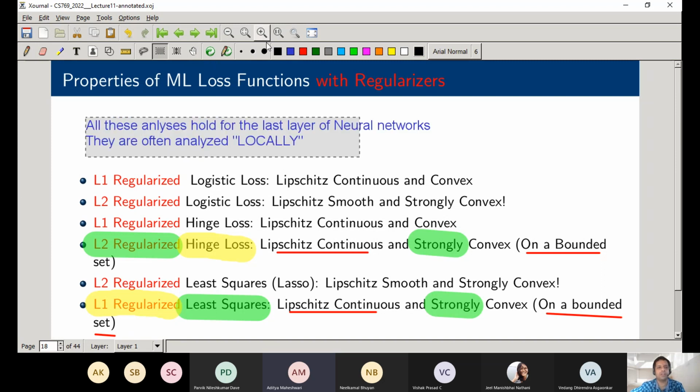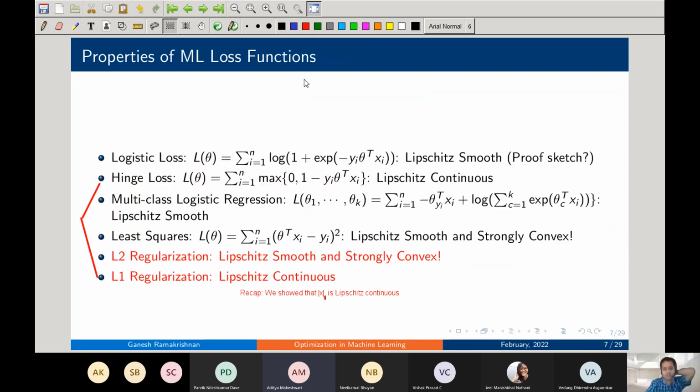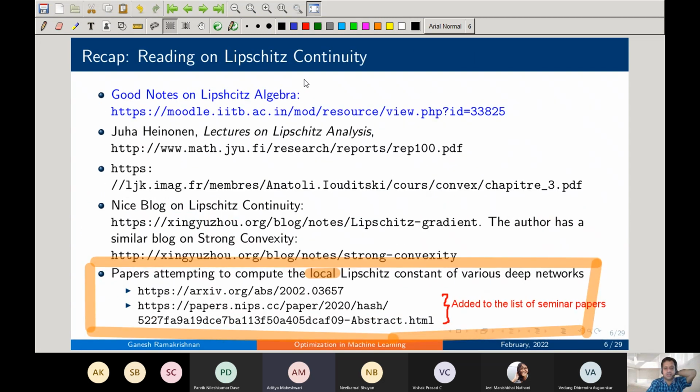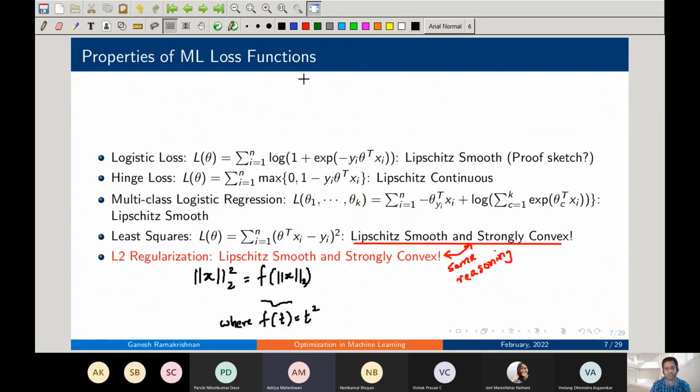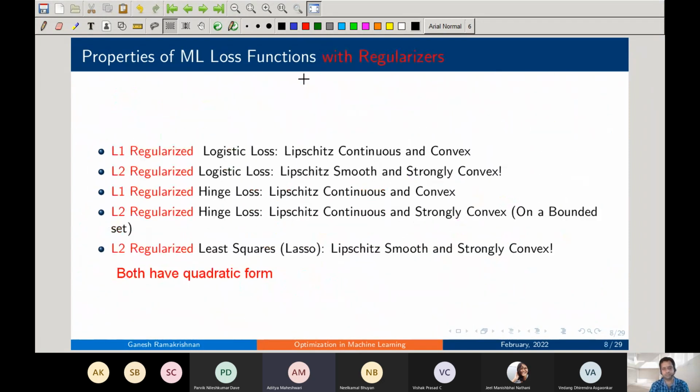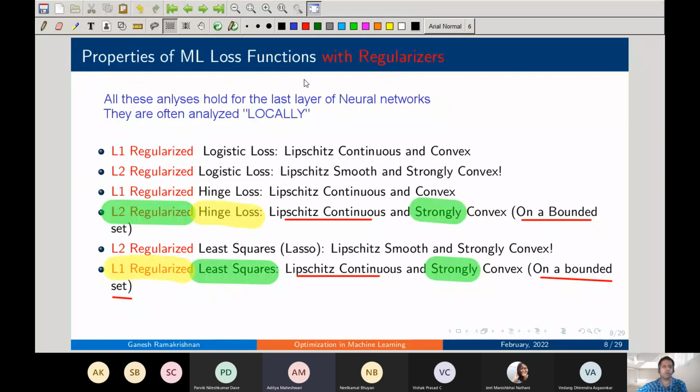I'm just going to draw your attention to those two papers. One is NeurIPS 2020, but there will probably be more recent ones which you can find. So yes, they are often analyzed locally. That's important. Any questions? Otherwise, we'll move on to the next important part, which is algorithms.